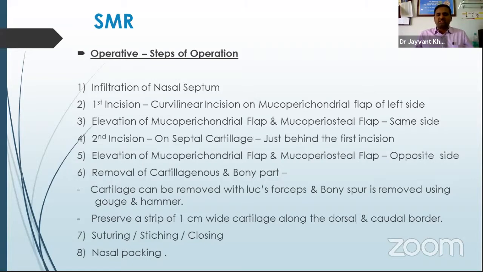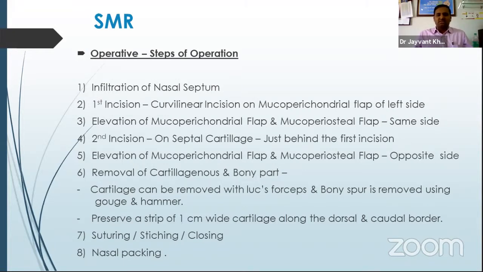If there is excessive resection, then saddle nose or dropping of nasal septum will occur. Then clean the septal flap cavity by the suction machine. Whole blood from the operative site or flap cavity has to be removed by suction machine.